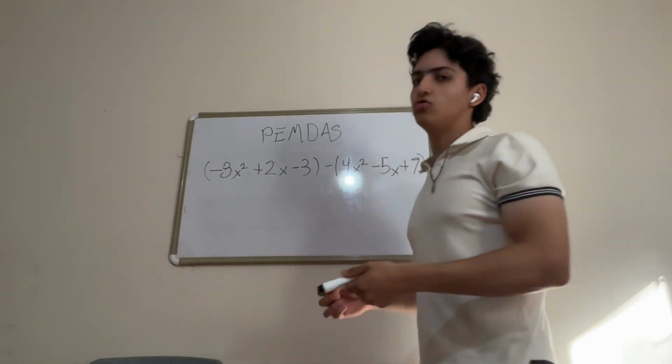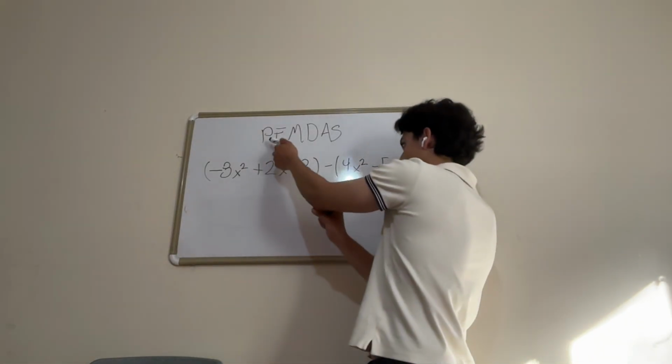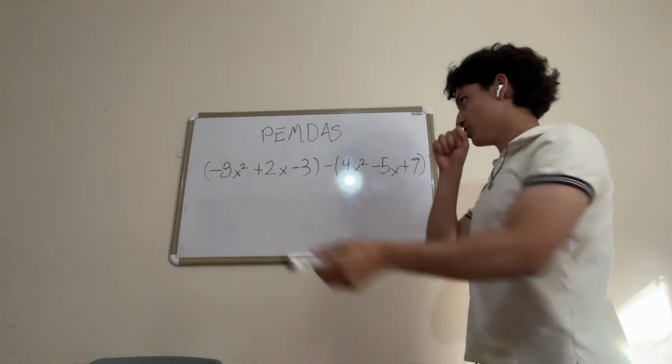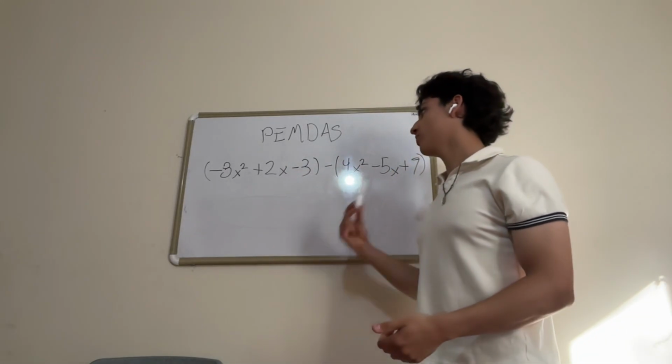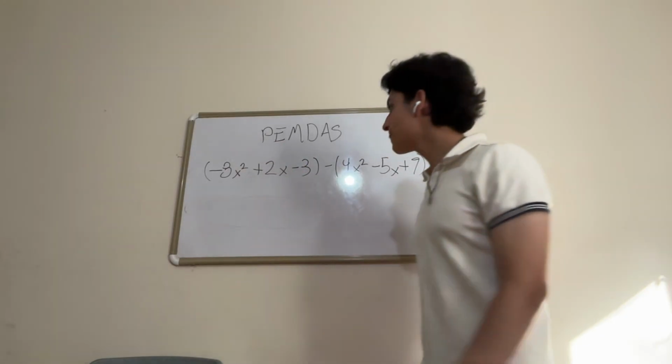So basically a way of solving a mathematical expression: first parentheses, then exponentials, then multiplication, then division, addition, and subtraction. So here the first thing we gotta solve is P for parentheses. Just a reminder.